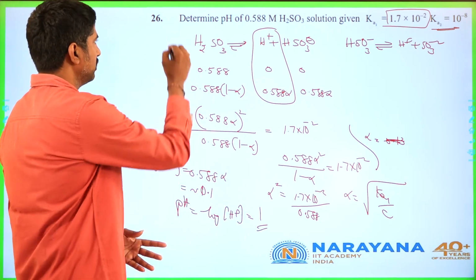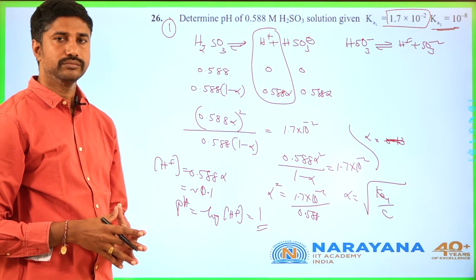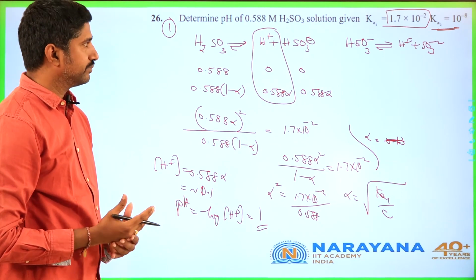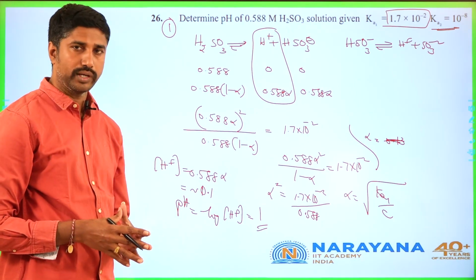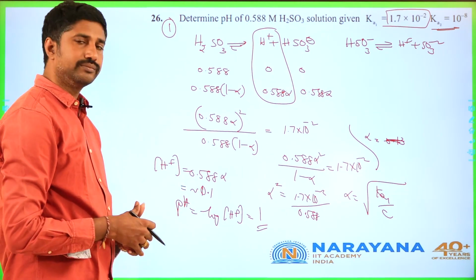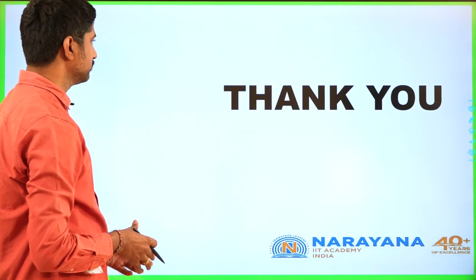So the nearest integer, we can directly write the answer as 1. So the pH of the solution is approximately close to 1. So that's the paper. Thank you.